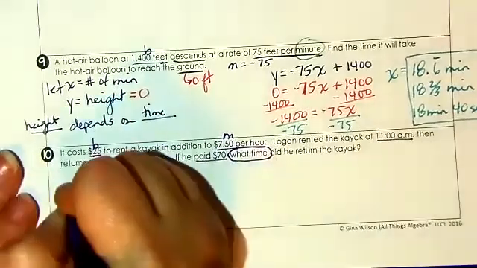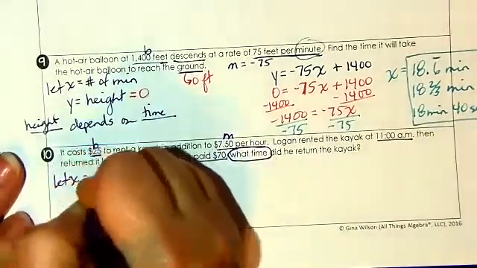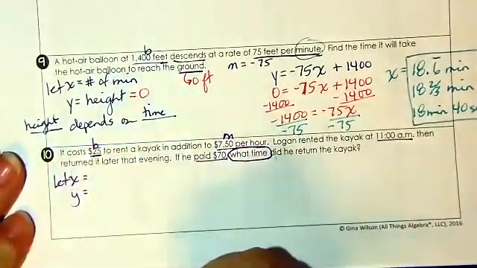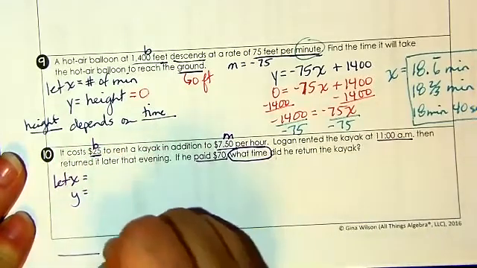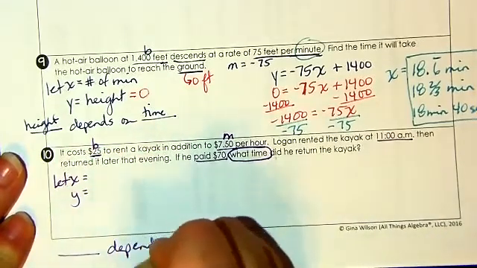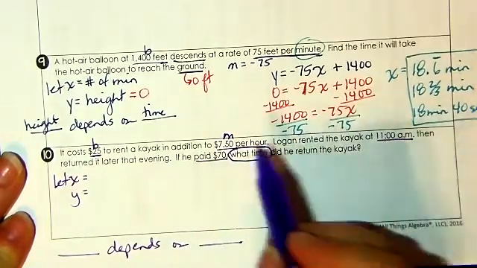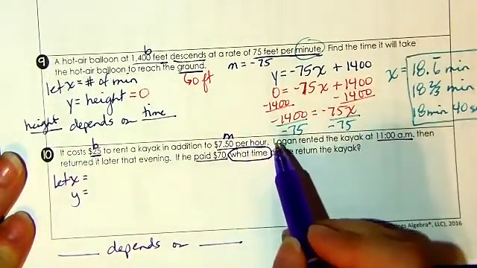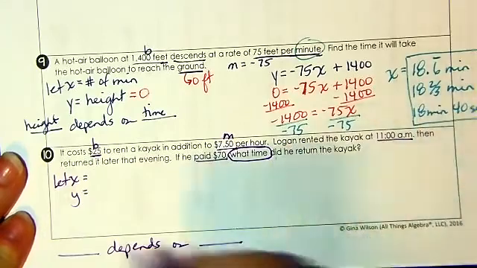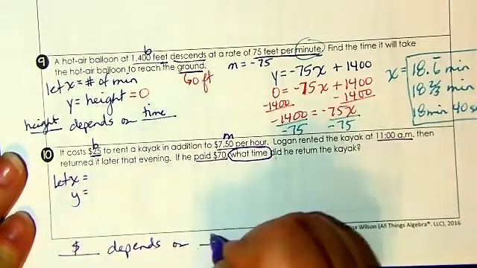Okay, so I've got to figure out what I'm going to let x equal and y equal. So blank depends on blank. We're talking about money and hours. So my cost depends on how many hours. So the money depends on time.